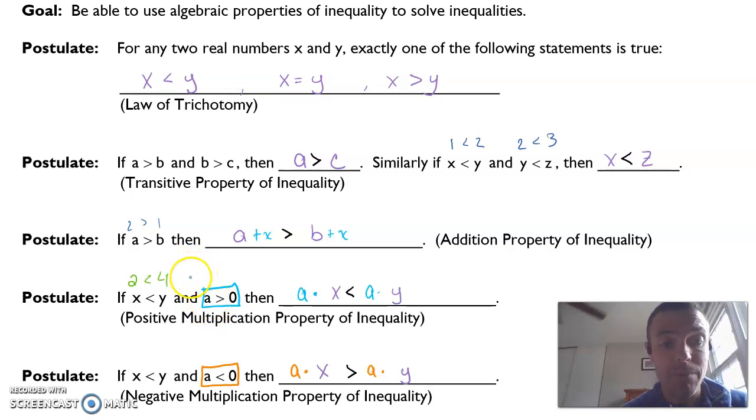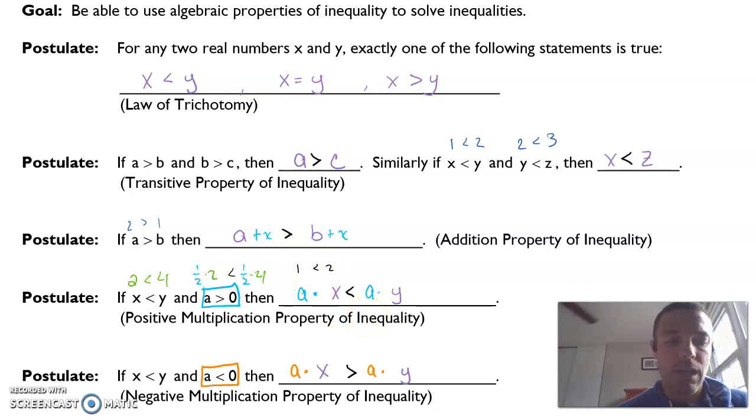It doesn't have to be an integer. I can multiply by 1/2 on both sides. If I take 1/2 times 2 and 1/2 times 4, I still am going to have this same relationship. I'm going to get 1 is less than 2, and that relationship still holds.